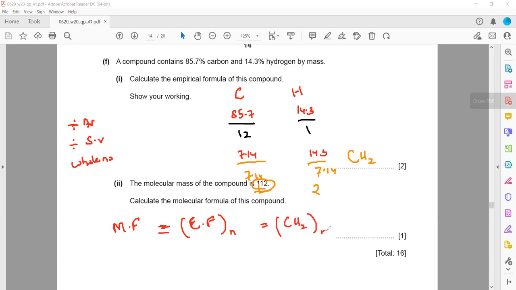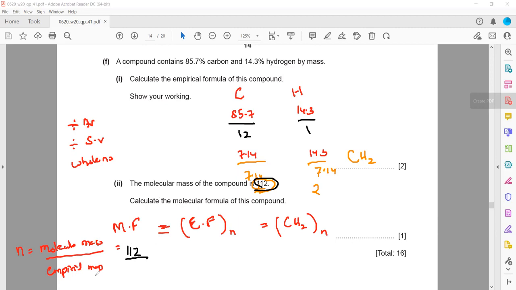How do we get the value of n? n is equal to the molecular mass of the compound divided by the empirical mass. The molecular mass, 112, is given in the question.